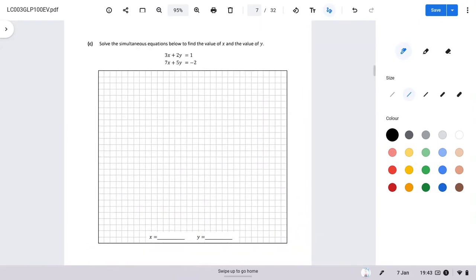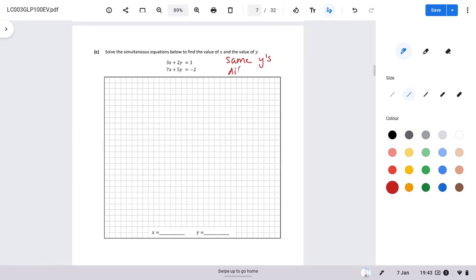And the third bit of that, simultaneous equations. So what you want here is the same number of y's, different sign. That's generally my go-to. Same y's, different sign. So in the top line, I have 2 y's, and in the second line I have 5.